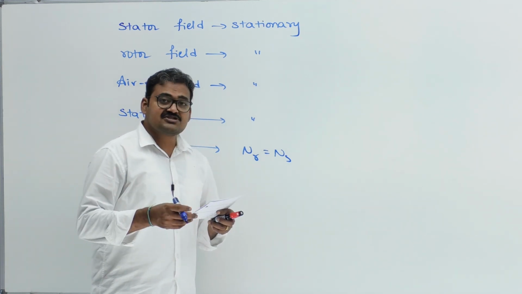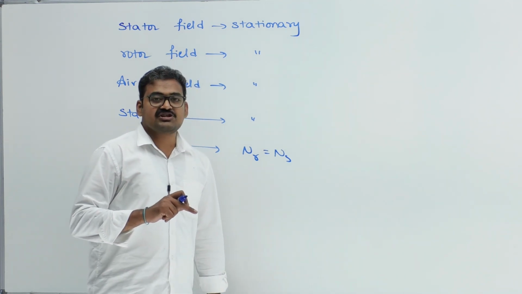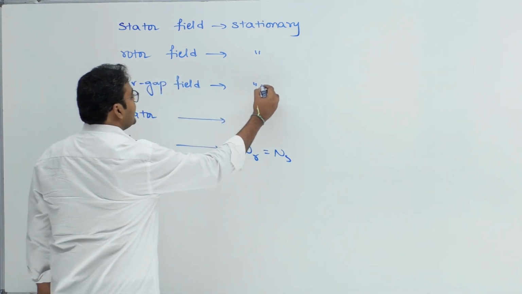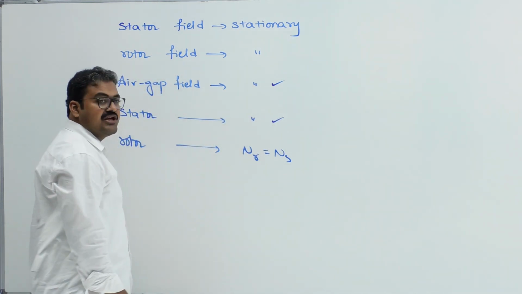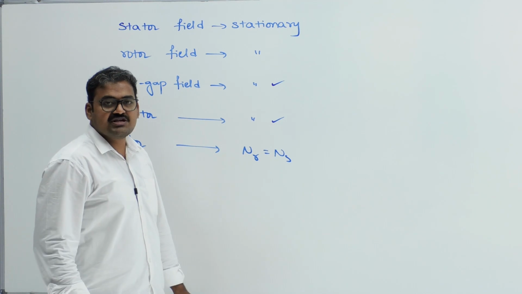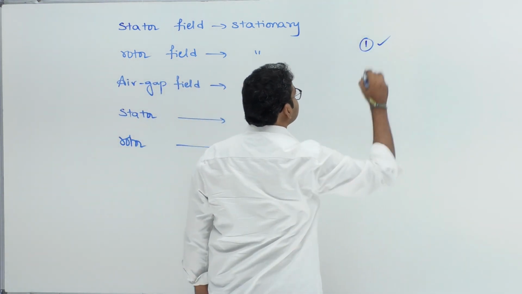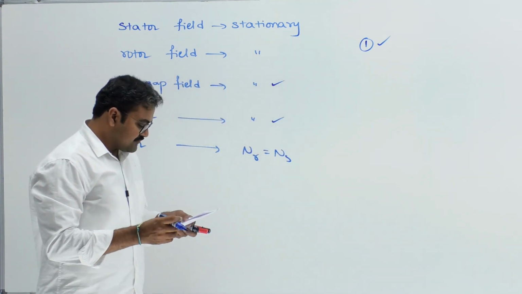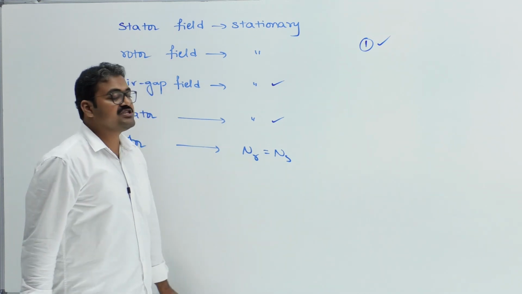Now the first statement, air gap field is stationary with respect to stator. You see, air gap field and stator, both are stationary. Therefore, air gap field is stationary with respect to stator. That means the first statement is correct. Second statement, air gap field rotating at synchronous speed with respect to stator.